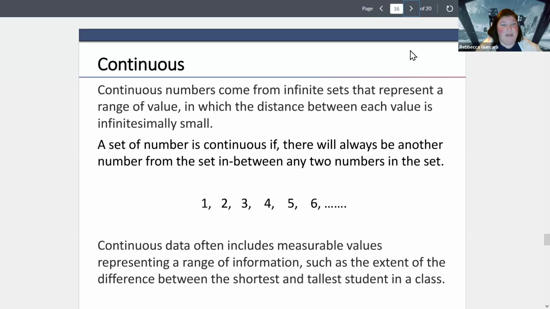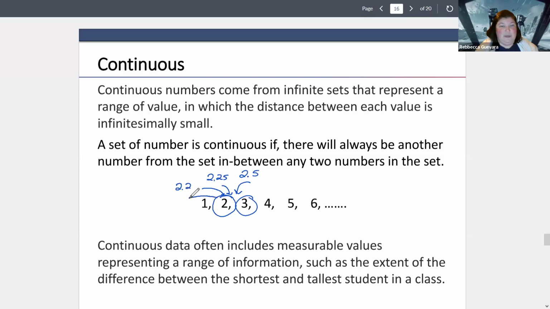So it doesn't matter what I pick. If we're talking about, let's say, the real numbers, I'd pick 2 and 3, and in the real numbers, there is another number that fits in between those, 2.5. And then there's still a number that fits in between 2 and 2.5, 2.25. And then there's another number that fits in between 2 and 2.25, 2.2.